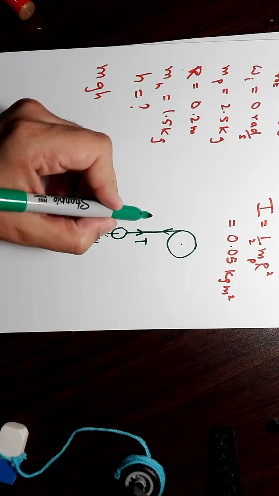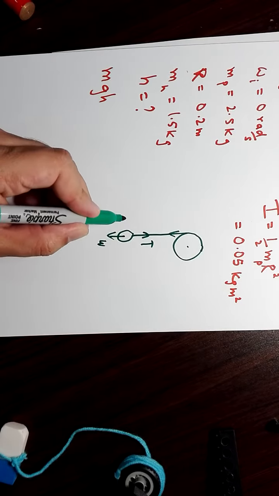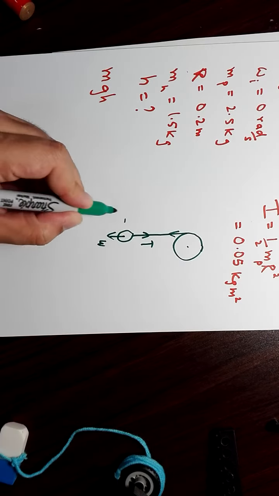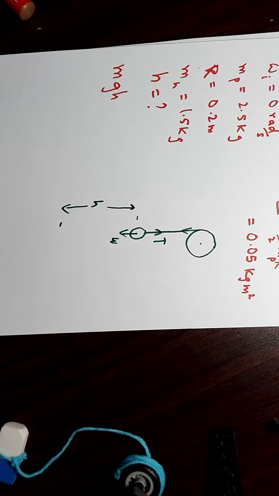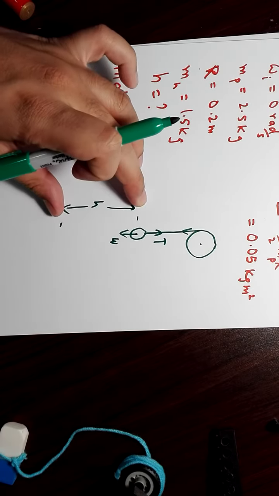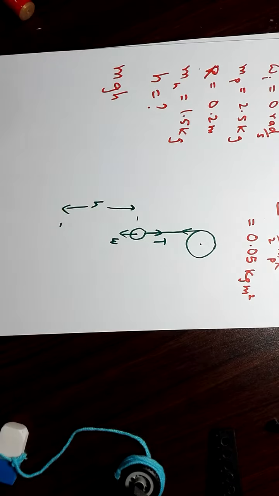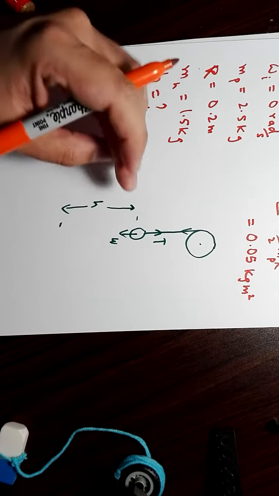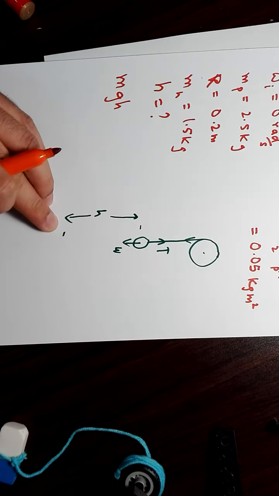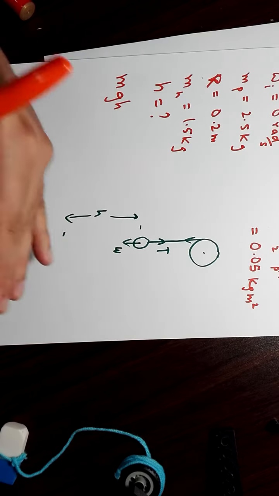So when the mass falls a height, let's say h, and when it falls through this height, the kinetic energy of the pulley will be 4.5 joules. So energy is conserved. This is our zero potential energy line, and we can take that anywhere we want.